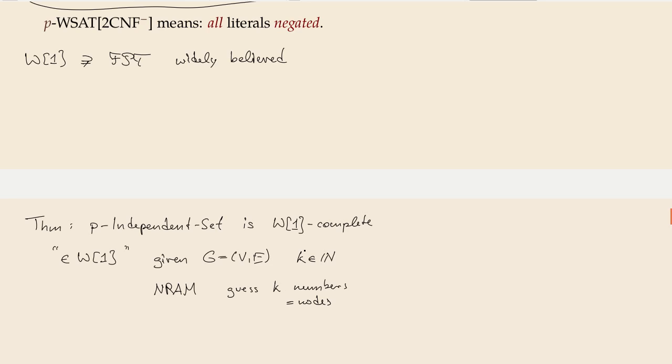That only takes, in terms of k, different non-deterministic steps. And then for each k subset, so after k guesses, check the k-squared pairs that they really don't have an edge.